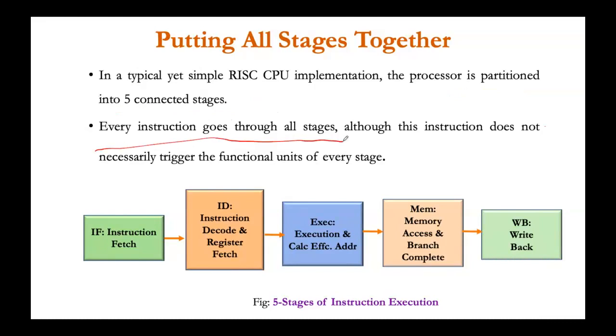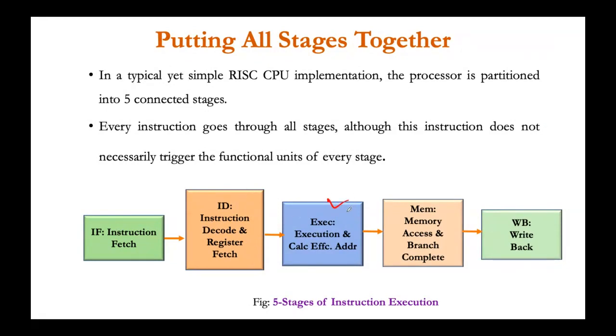Every instruction goes through all these stages, although the instruction does not necessarily trigger the functional units of every stage. First the instruction will be fetched, represented as IF, instruction fetch. Then the instruction will be decoded, and the register fetching will happen here.